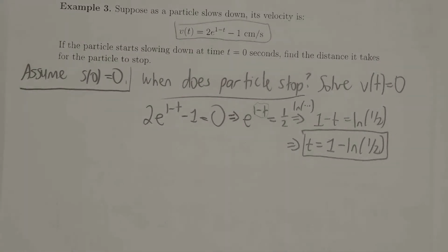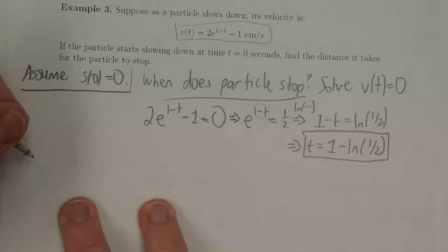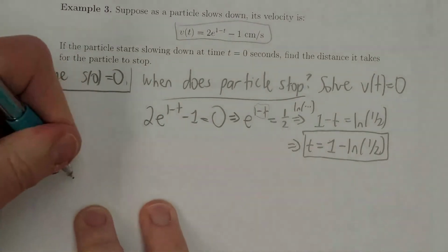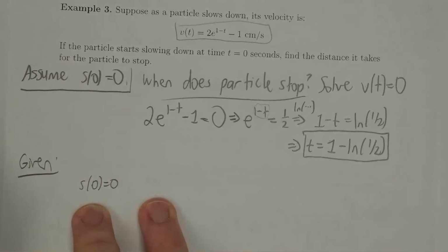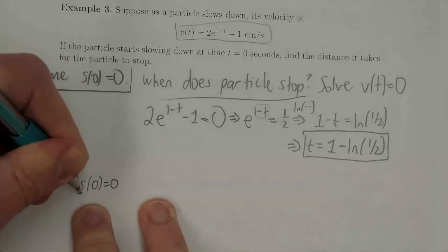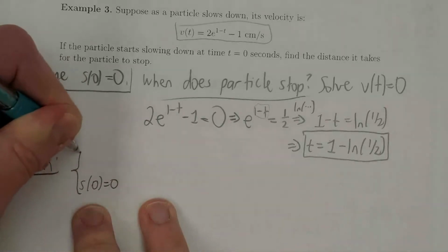Now from this we can say, given that s of 0 equals 0, and we also have something else.